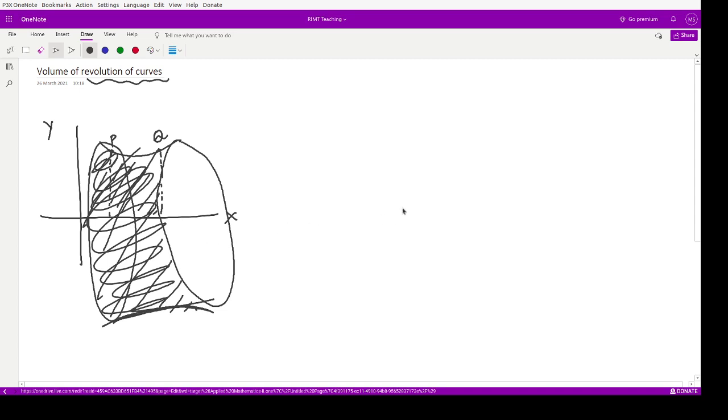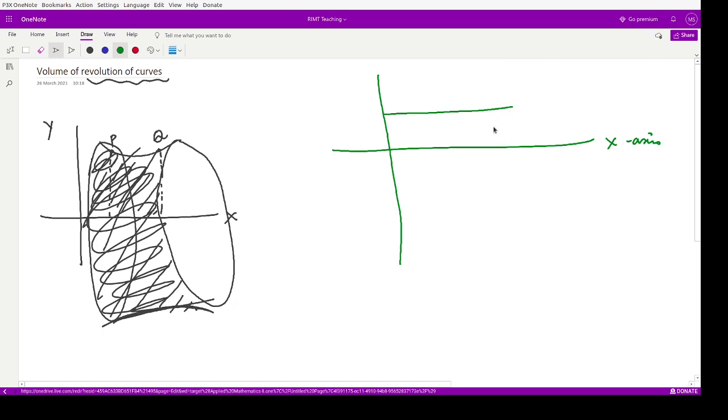So this is one instance. Another is if you have this x-axis and this y-axis, and some line, say this point is P, this point is Q, and this line is parallel to the x-axis. When you rotate this line about the x-axis, when you move it 180 degrees, it would be somewhere here.